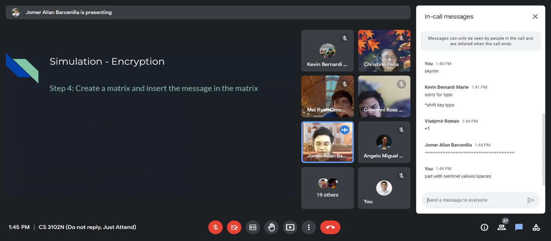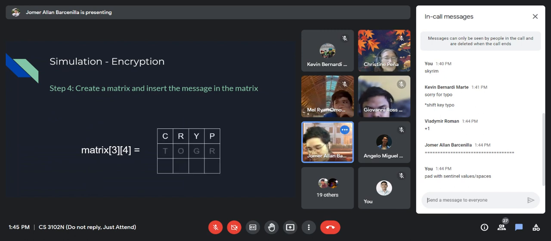Next, step 4, create a matrix and insert the message in the matrix. In encryption, we insert the message through row major order. We have the message cryptography and we insert it through row major order.